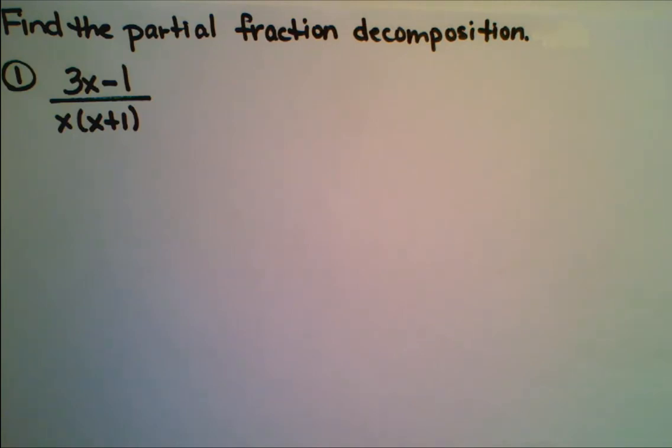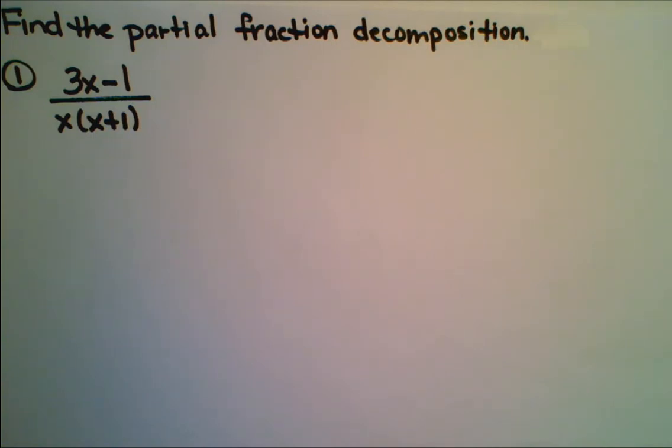So we're fine there. Now, if it was an improper fraction, there are some other steps we would have to take, which would be first converting that rational expression by long division.